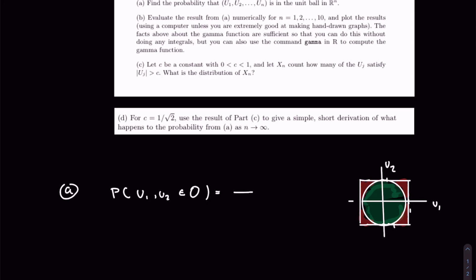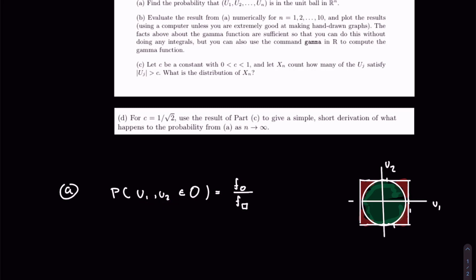Luckily, we're dealing with a uniform, so we can divide the area of the circle by the area of the square, and that should give us the probability that this event is true.